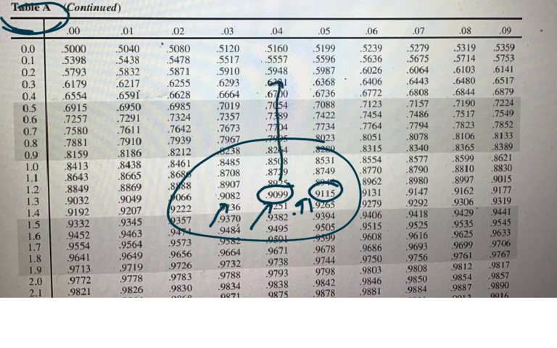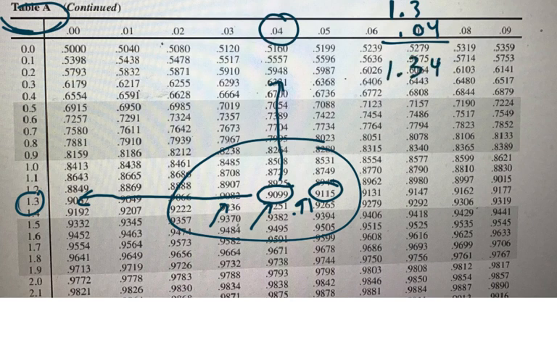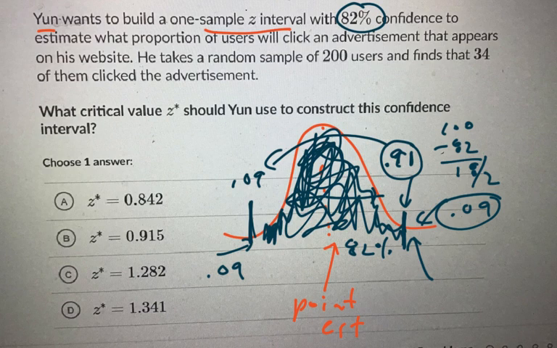So if we look up here, we could see our value 0.04. If we look to the side, 1.3. If you put those two values together, 1.3 with a 0.04, you can see you get 1.34. So therefore, long story short, our Z-star value would be 1.34 standard deviations left and right of our center point estimate.